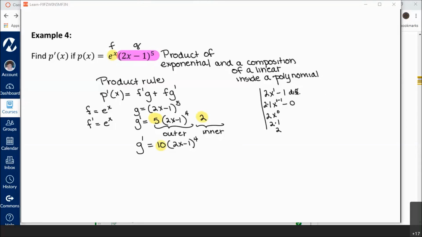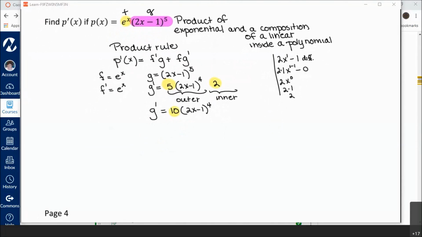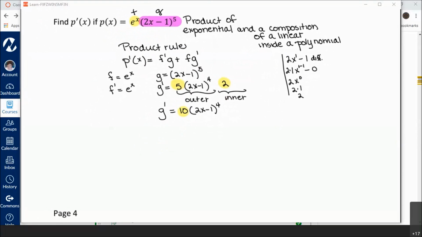Okay, now I'm going to just use my pattern for the product rule, which says take the derivative of f, that's e to the x, multiply it by g, plus take f and multiply that by g prime.